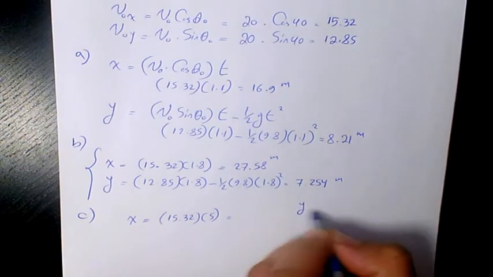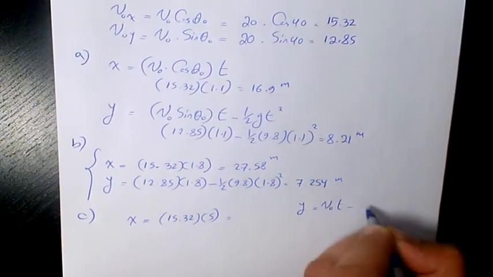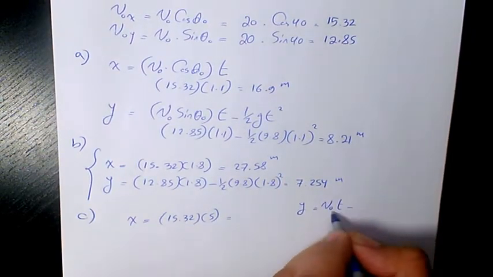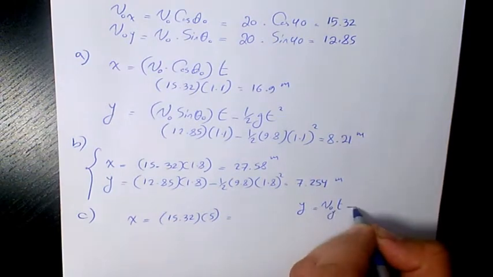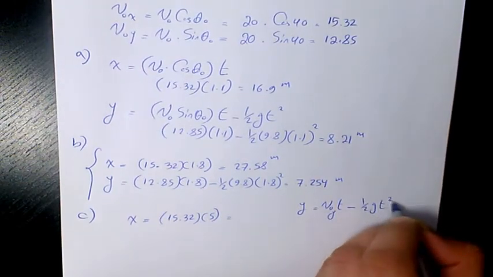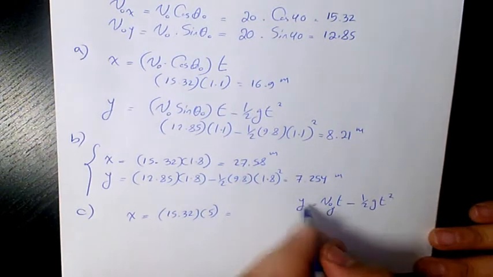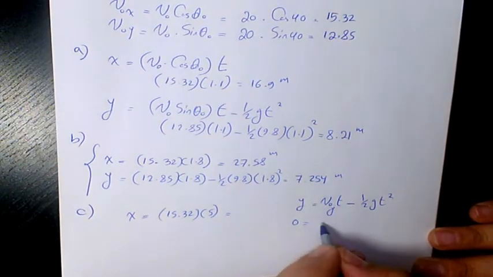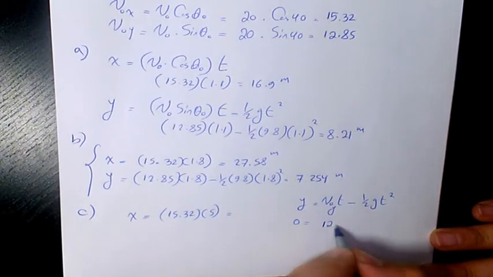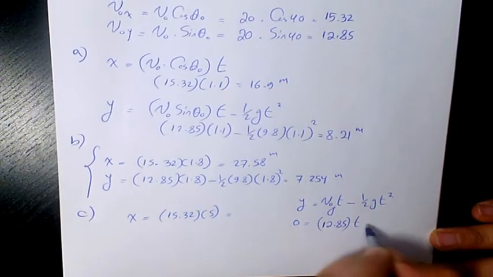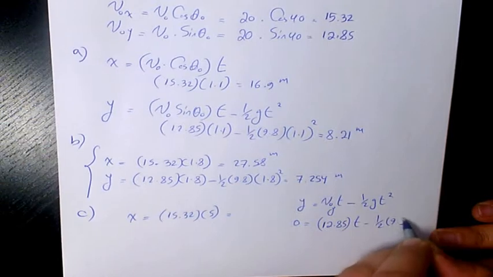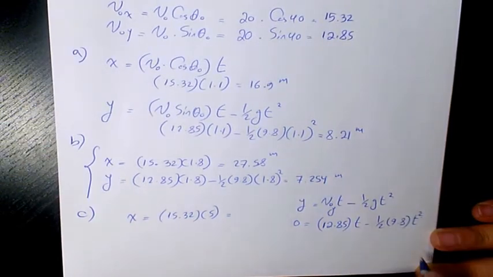We have y equals v naught y t minus 1/2 g t squared, which if y is 0, we can have 12.85 t minus 1/2 times 9.8 t squared.